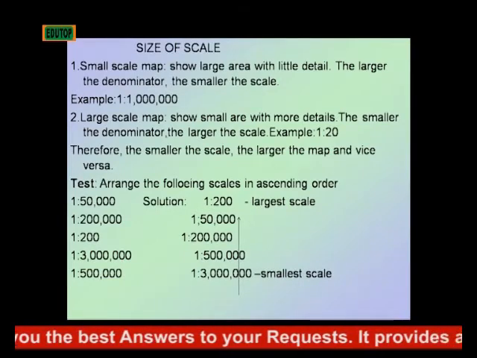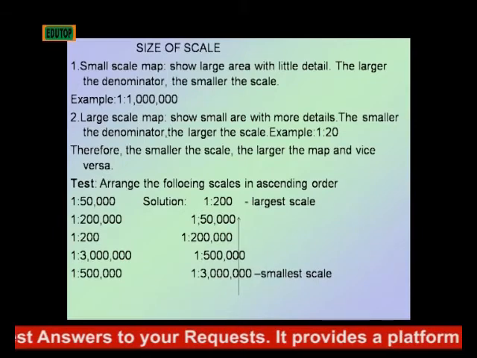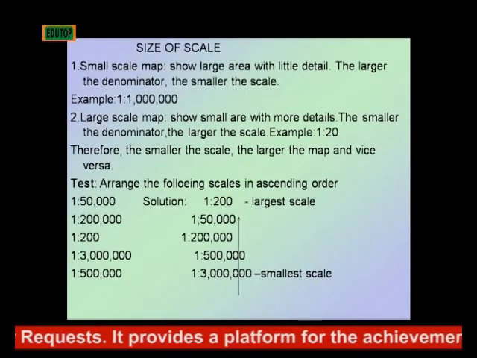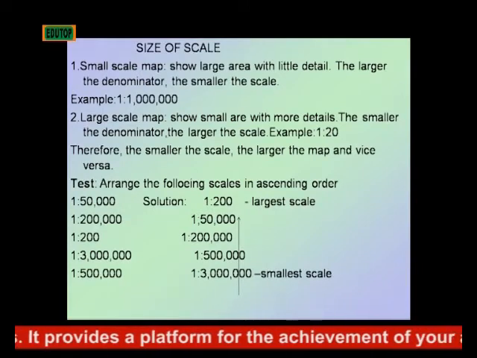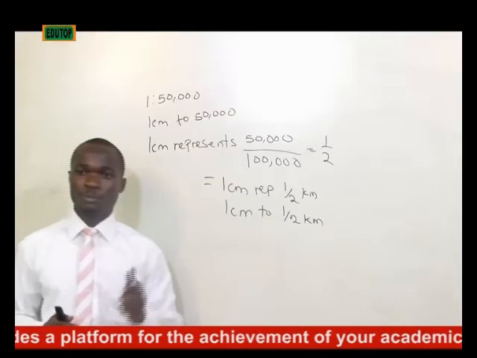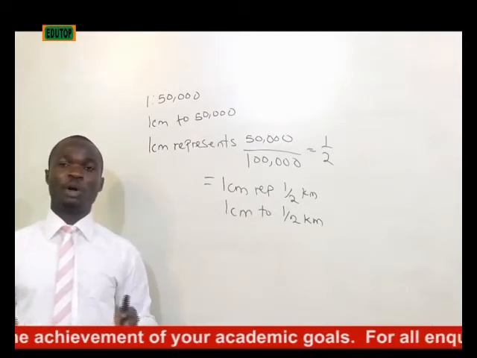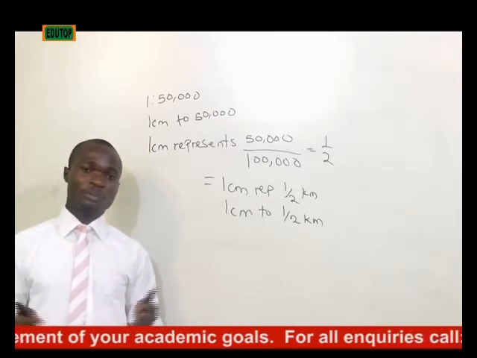For instance, if we have a map with a scale of 1:1 million, that's a small scale map. Don't forget, we said the larger the denominator, the smaller the scale of the map.